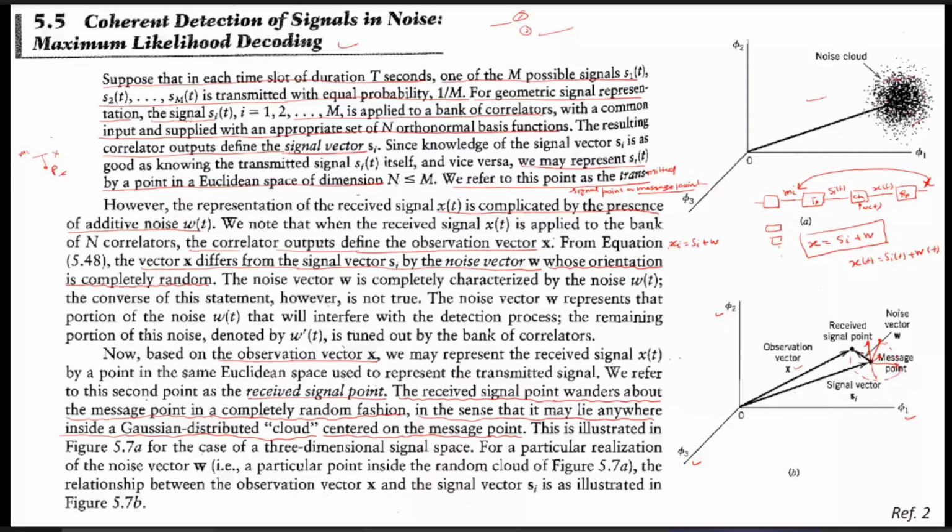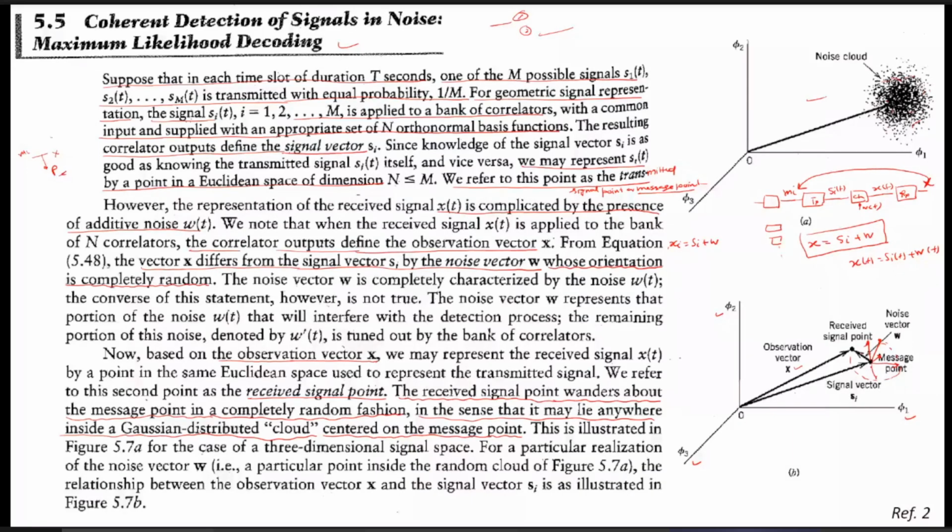Similarly, the received vector can roam anywhere in the noise cloud around the message point. Because of that, there is a chance of error. So our aim is, on the basis of this x, to detect which m_i has been transmitted. That is done by maximum likelihood decoding.